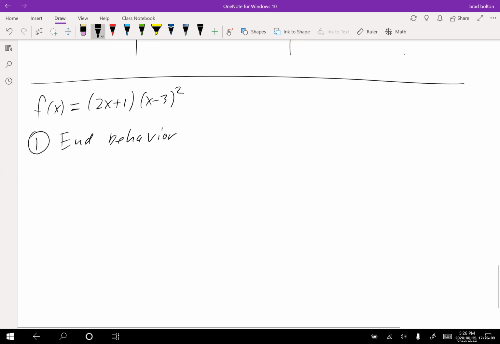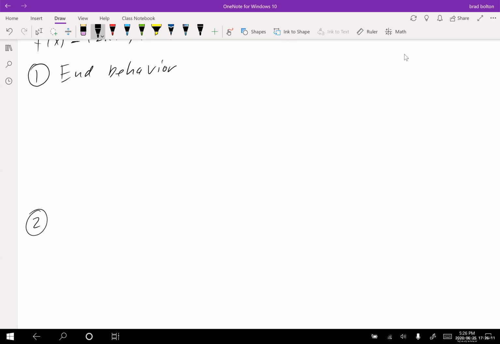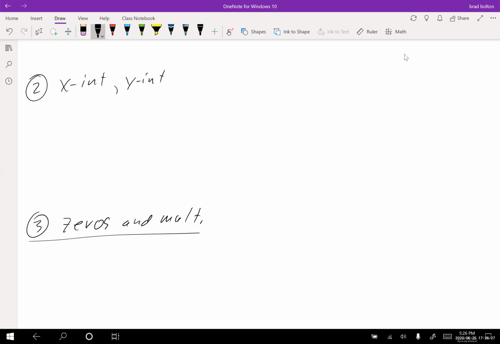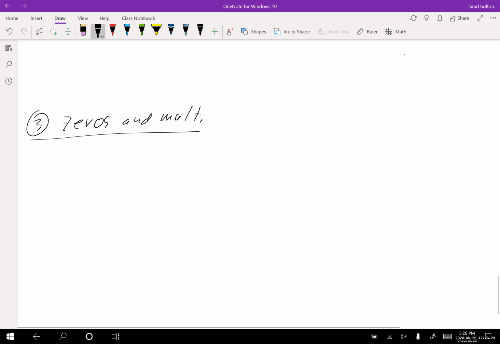I also would like to find the x and y intercepts, just, you know, extra information we should be able to find. I also like to find the zeros and their multiplicities. And I'd also like to graph it on the calculator. And we'll go from there.